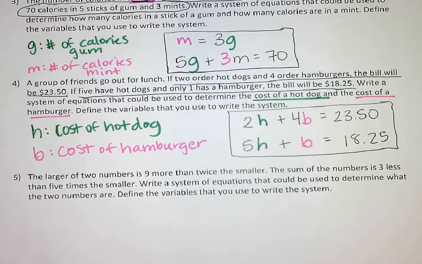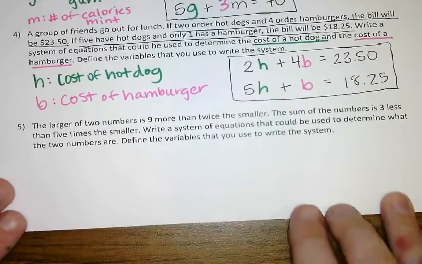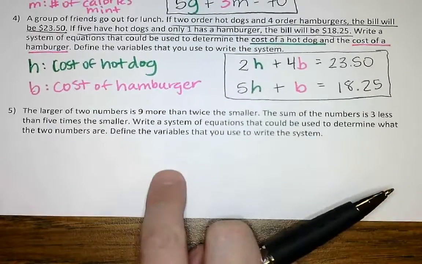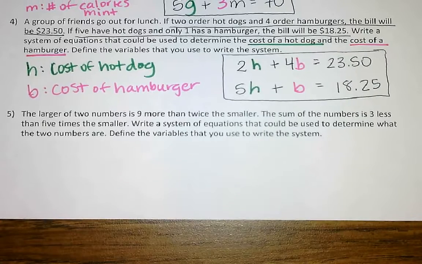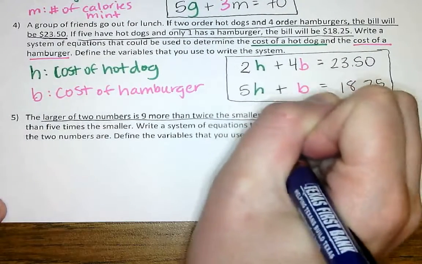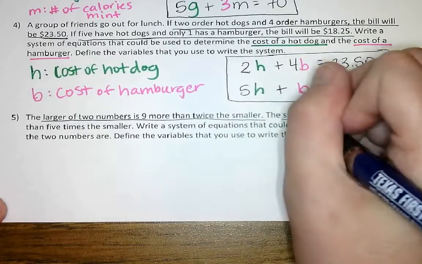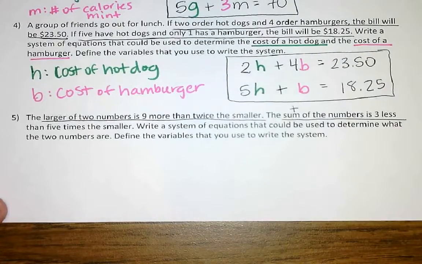The larger of 2 numbers is 9 more than twice the smaller. The sum of the 2 numbers is 3 less than 5 times the smaller. So that's one of our equations, probably. The sum, what does sum mean, y'all? Addition. Write a system that can be used to determine what the 2 numbers are.